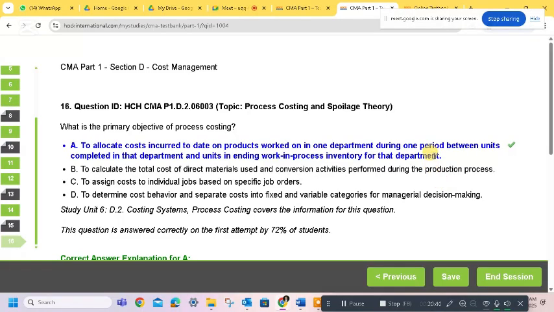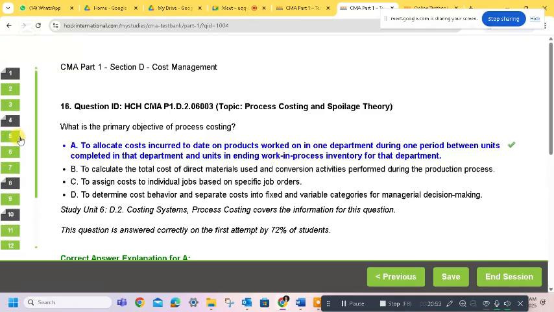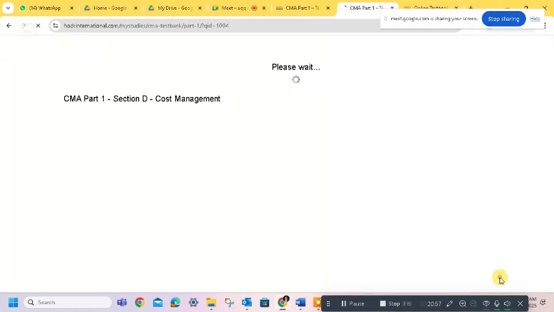That better explains to allocate the cost to finished goods, work in progress and all. Cool. So that's it, what you call process costing in your syllabus right now. Very small topic. There are no calculations. It's all theory. That's it.